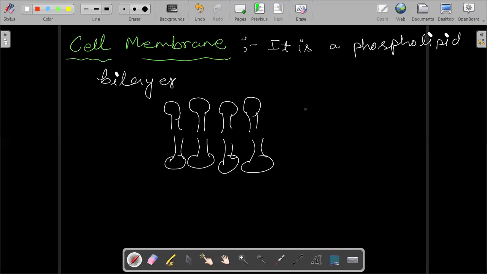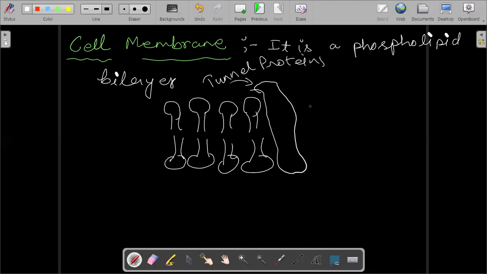Now, in between these molecules of phospholipid, you have some protein molecules, which are also called glycoproteins. Some of the proteins pass through and through the cell membrane. These proteins are also called tunnel proteins. Okay.